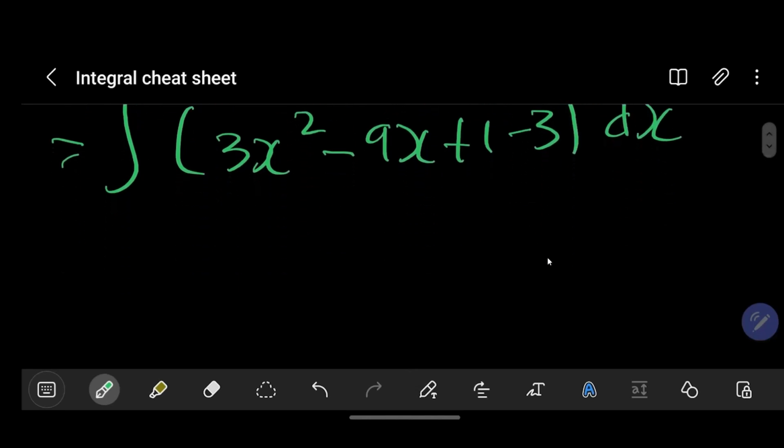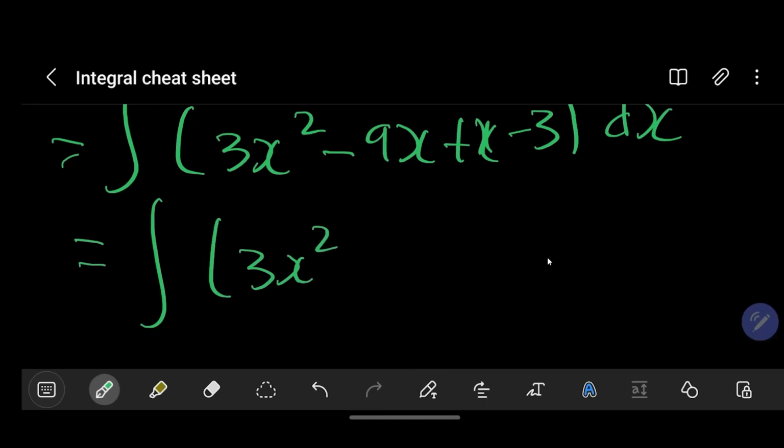Now let's look at combining the like terms. That's equal to the integral of 3x squared, minus 9x plus x is minus 8x, minus 3 dx.